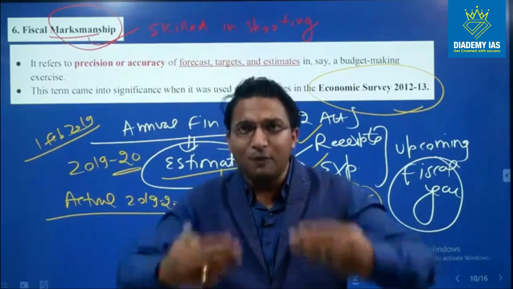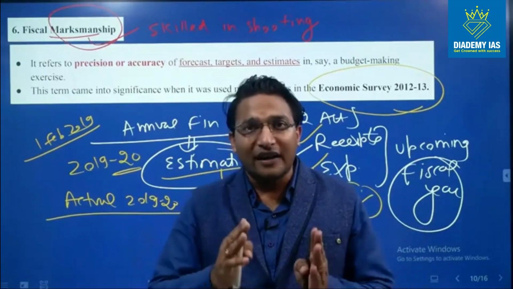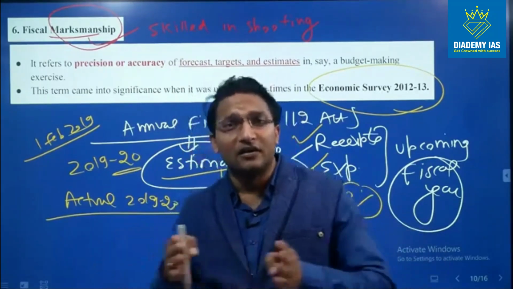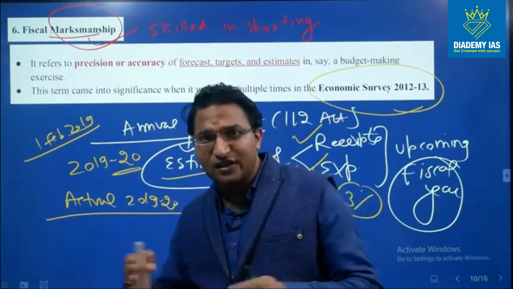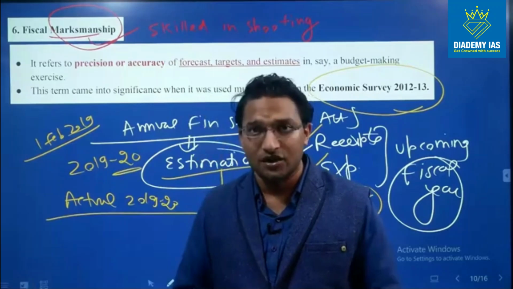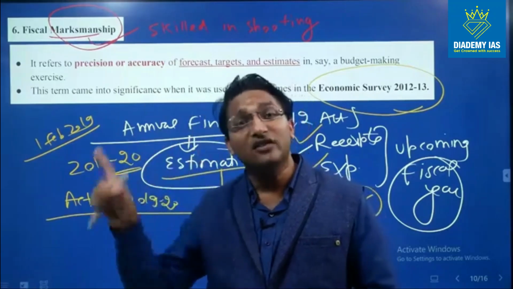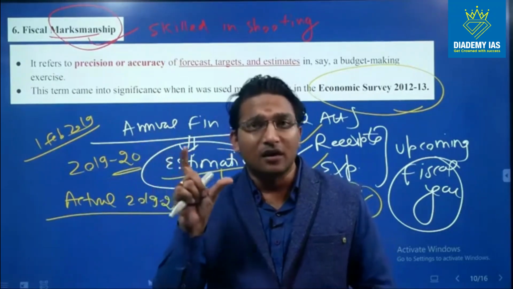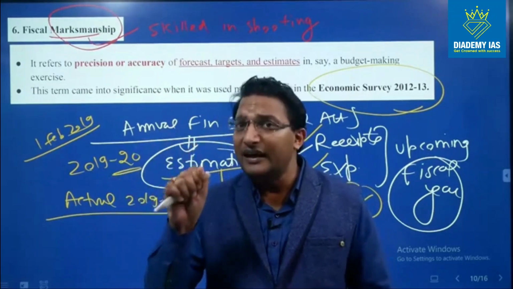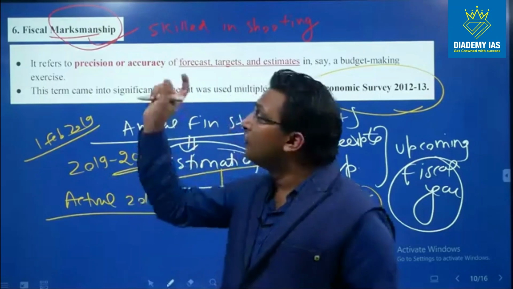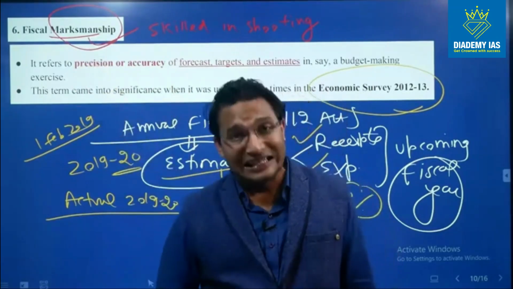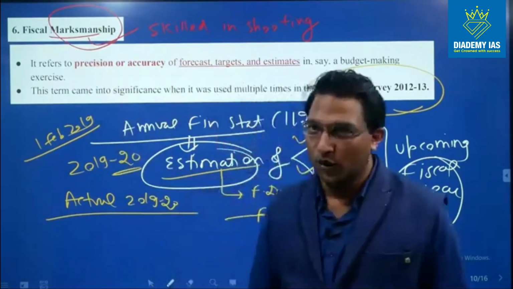Because of huge spending, we exceeded the estimated expenditure multiple times. So at that time, the then Chief Economic Advisor, Mr. Raghuram Rajan, indicated that the fiscal marksmanship skills of the government are getting poor.